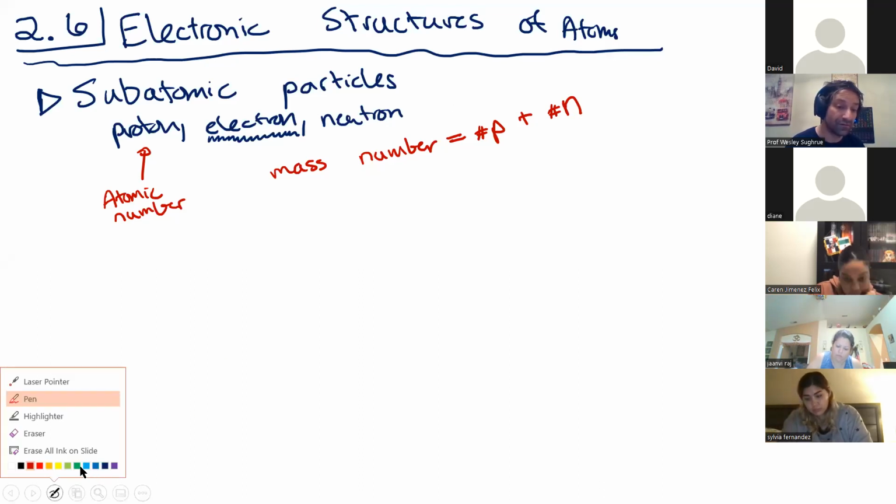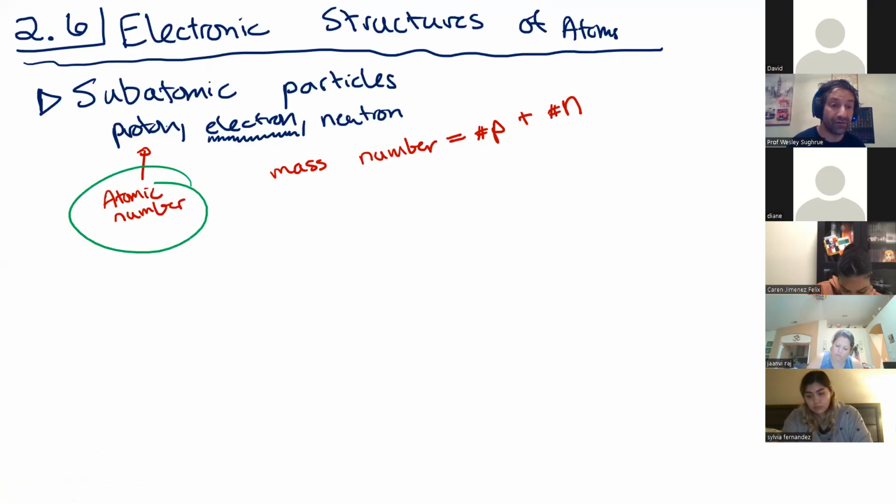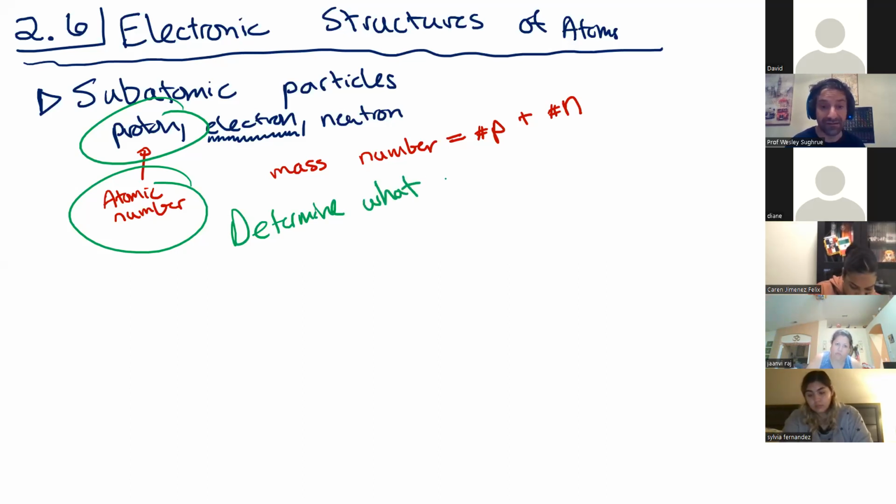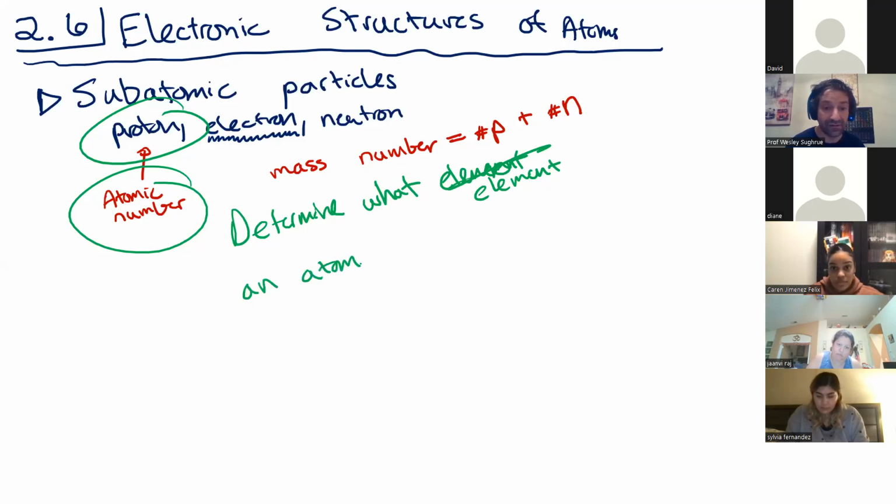So the atomic number and protons determine what element an atom is, or is made of, or belongs to, however you want to word it.